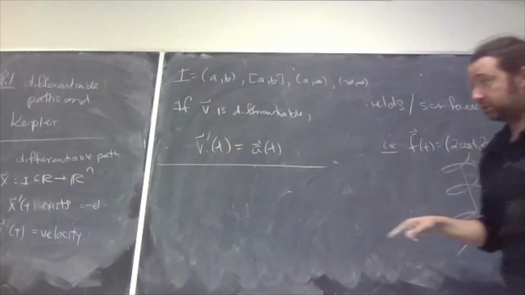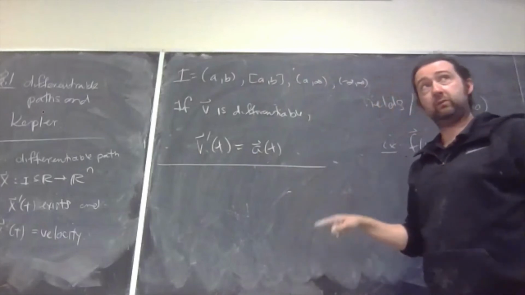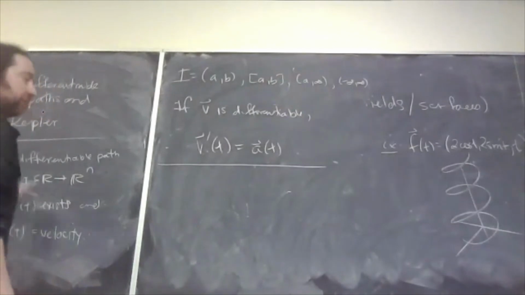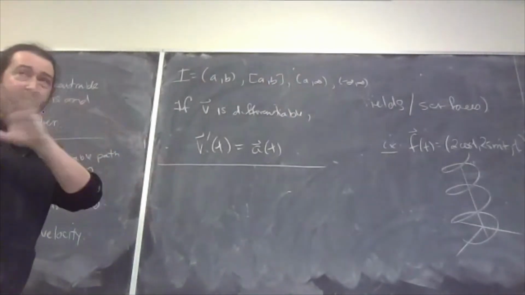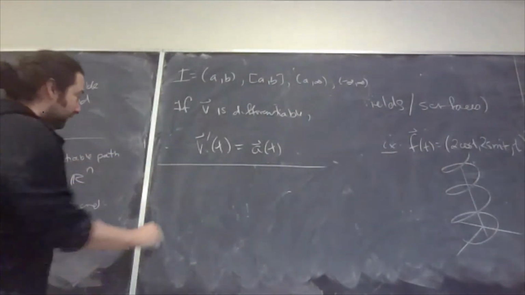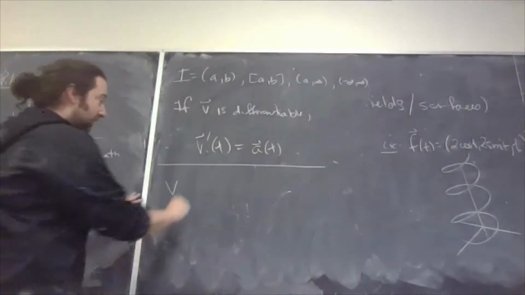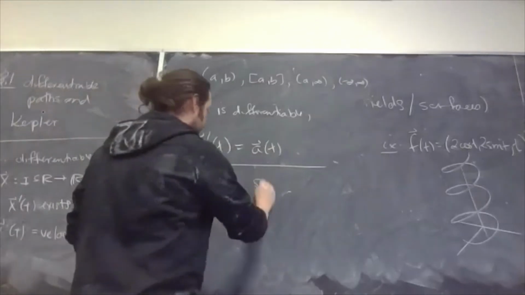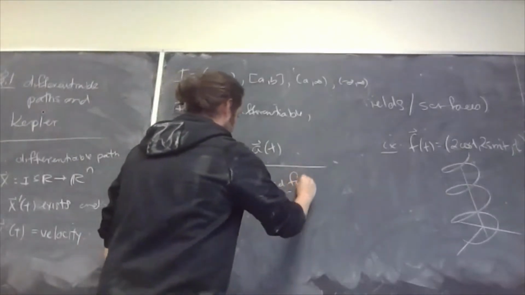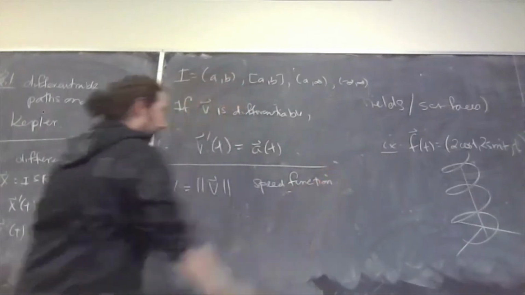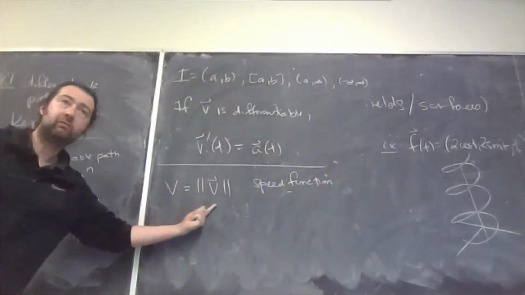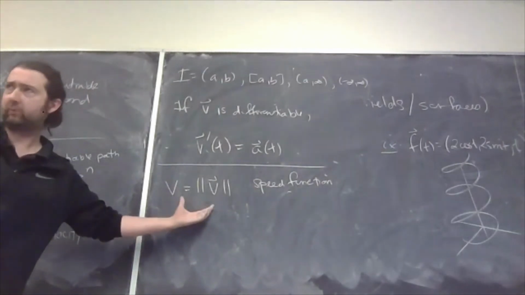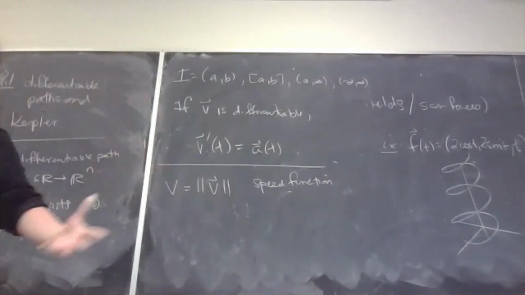Position, velocity, and acceleration are vector quantities. When I want to refer to their magnitudes, I will use a letter without the hat on it. In the book, she uses bold letters and not bold letters. If I say V without a hat, what I mean is the length of V, which is the speed function. So V is the magnitude of the V vector. That's speed, and it's still a function of t. In all cases, we're going to be assuming these aren't constant. Things move in calculus.